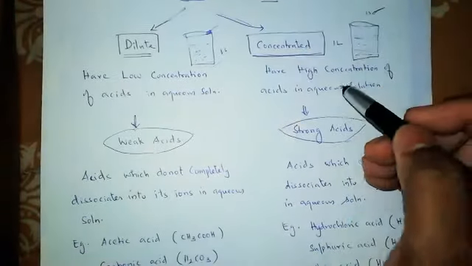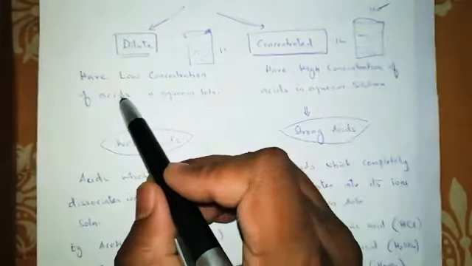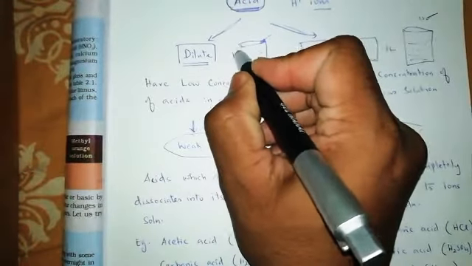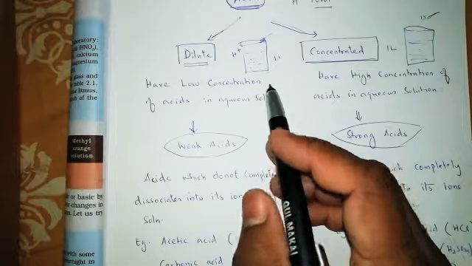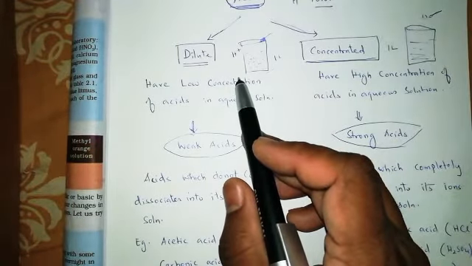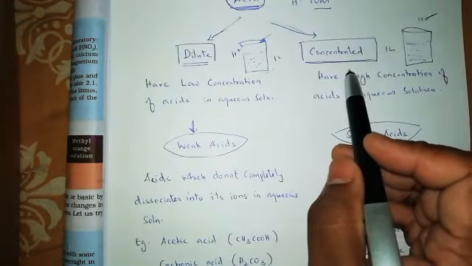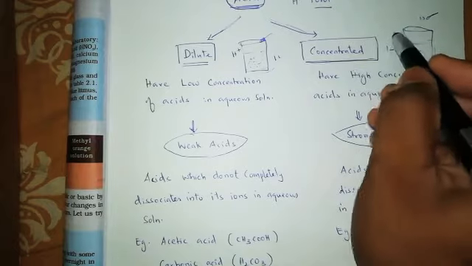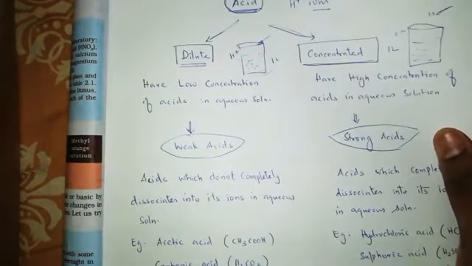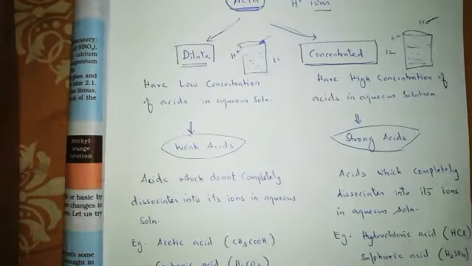That is concentration. So in a dilute acid, we find a very low concentration of acid. That means a very small amount of H plus ions is present. It doesn't mean that they don't have H plus ions. They have, but very few. But when you talk about concentrated acids, they have a large amount of H plus ions present. That is the difference between dilute and concentrated acids.